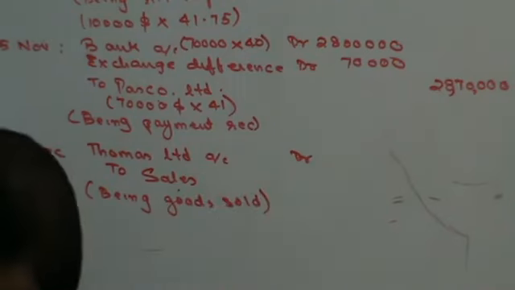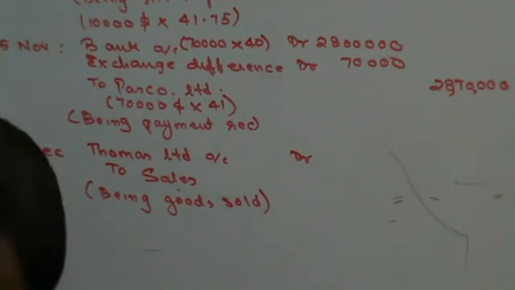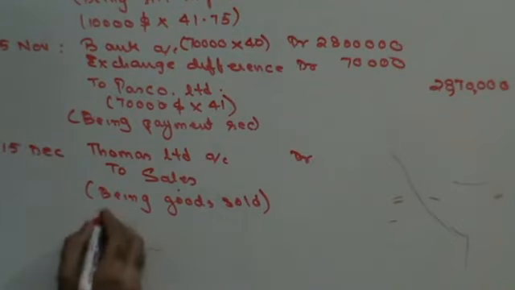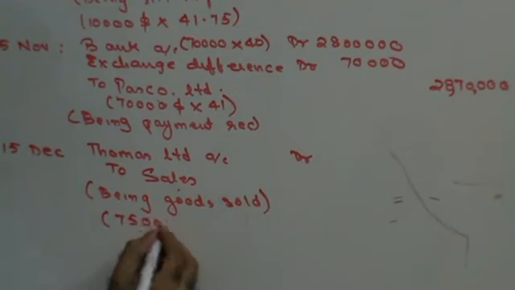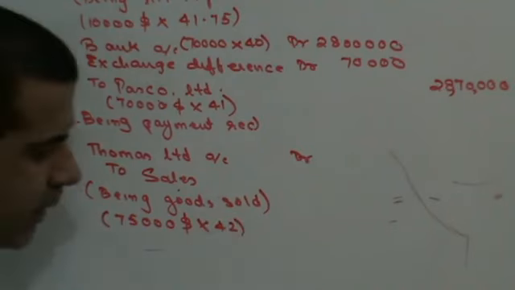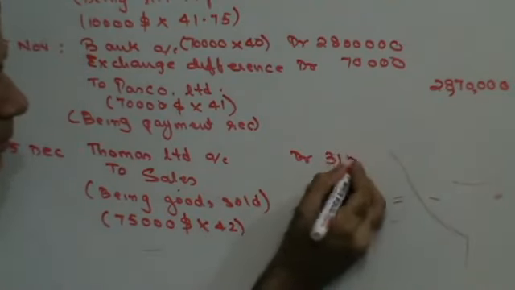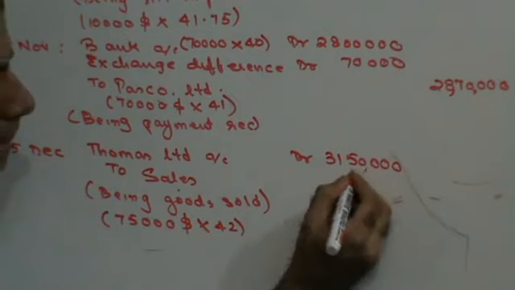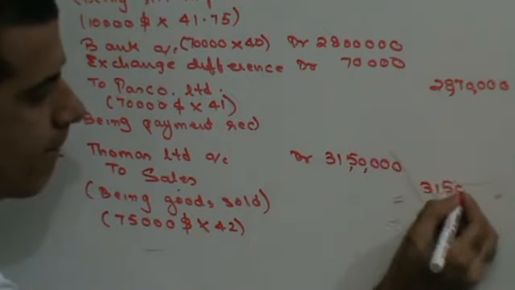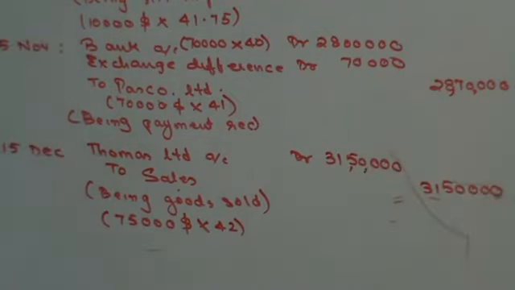You are selling goods of $75,000, and on 15th December the rate is 42. So that is 31 lakh 50,000. So this is going to be being goods exported.